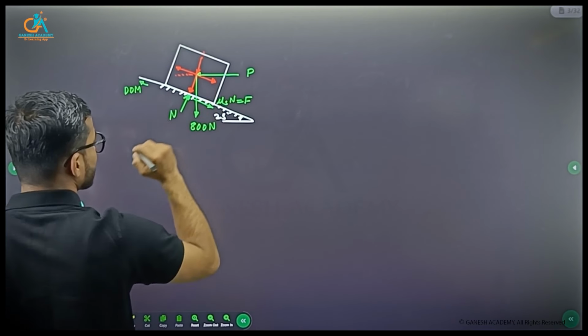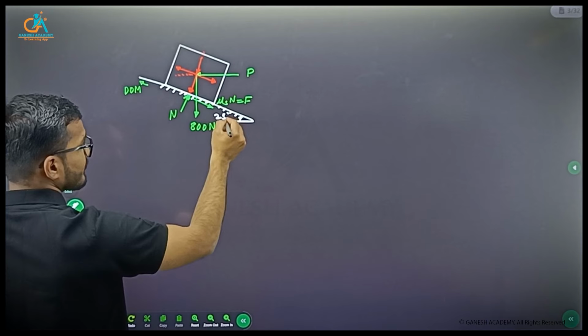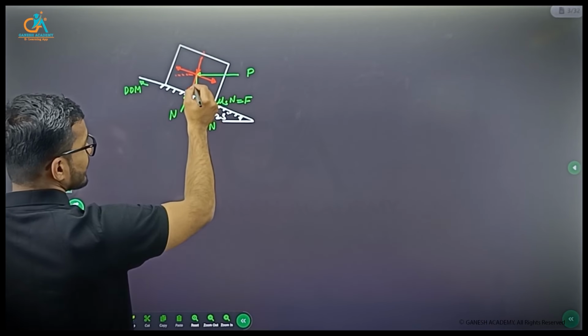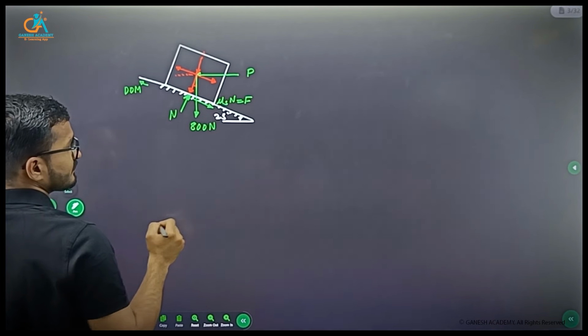So we need to find first angle. तो ये 25 डिग्री है. So this angle should be 25.